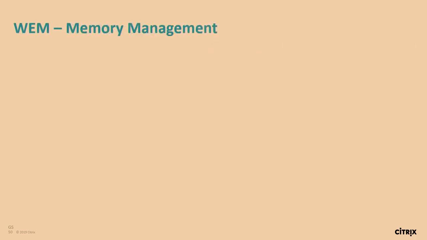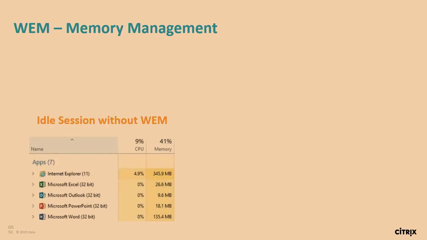And then memory management. Again, in a shared desktop environment, this could be of use. If we have a look at the left-hand side of the screen, we can see Internet Explorer, which is an idle process, and it's consuming 345 meg of RAM. If you times that by 100, 200 users, you can quickly see that there's going to be a lot of RAM wasted by idle sessions in your environment.